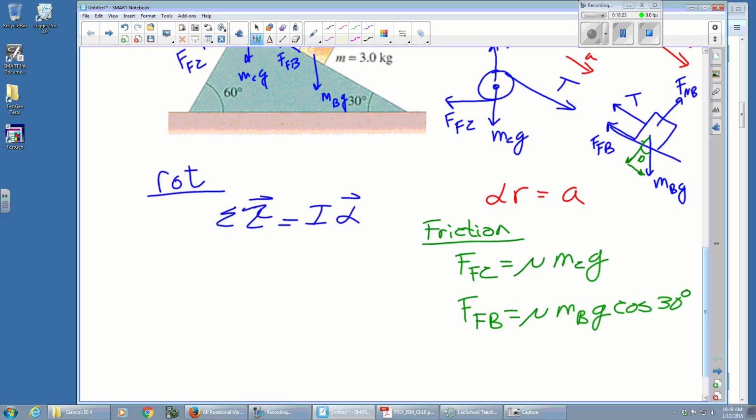The torque created by the tension would be T times R, the radius of our cylinder. The torque created by the frictional force would be the frictional force of the cylinder times R. That's going to equal my I, which I know is 1/2 mass of the cylinder R squared, times alpha.